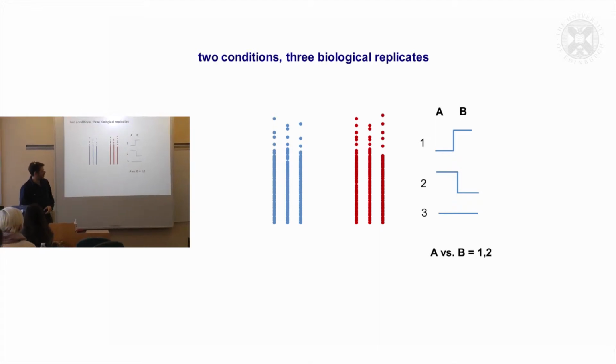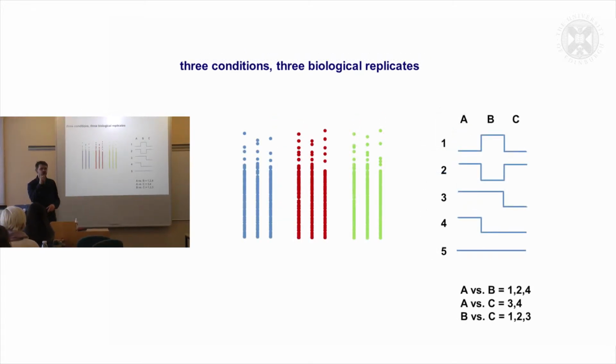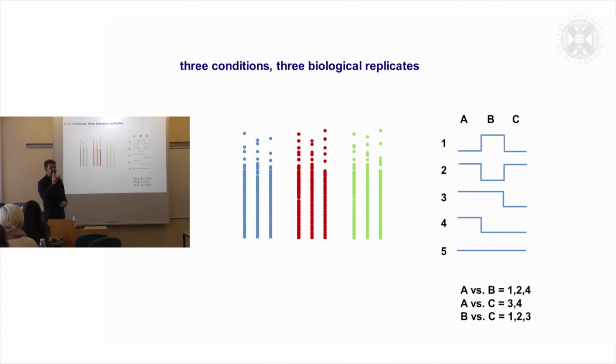But the point I'm trying to make here is that as you increase the number of samples that you're investigating, the number of potential patterns that can be in your data increases.